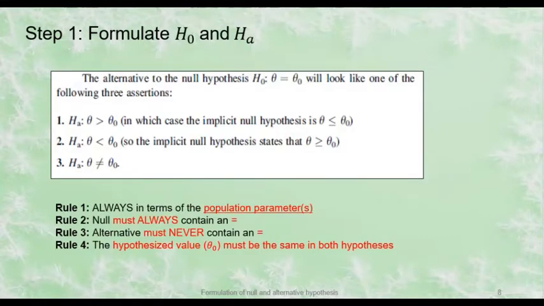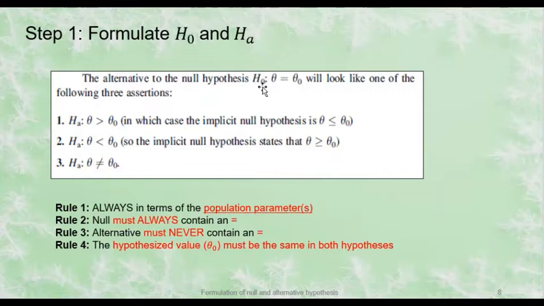The first step in hypothesis testing is formulating H0 and HA. Remember I told you that there are three different kinds of hypothesis tests in statistics: left-sided or left-tailed test, right-tailed test, and two-tailed test, which you can see here.